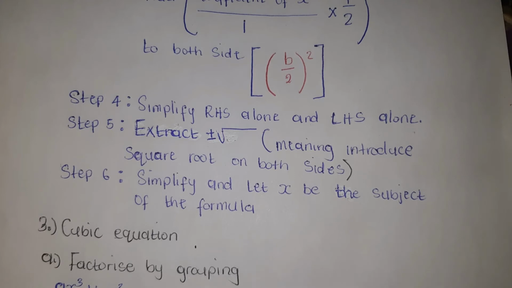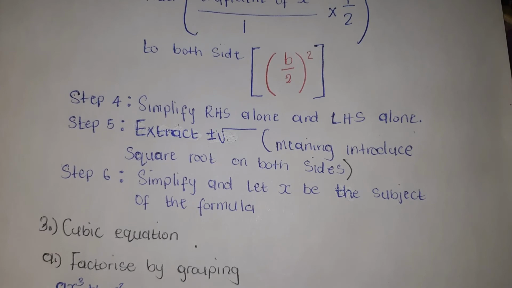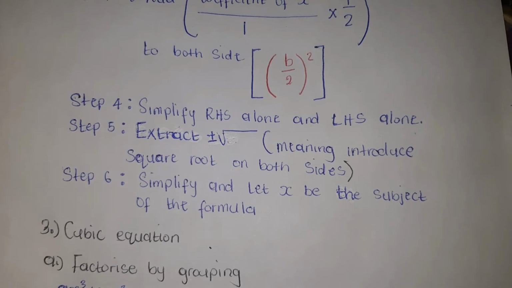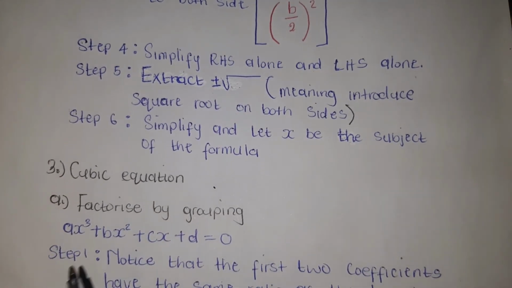So as usual, we start by writing the standard form of the formula, which is ax cubed plus bx squared plus cx plus d is equal to 0.